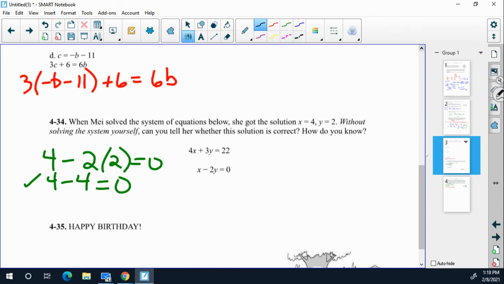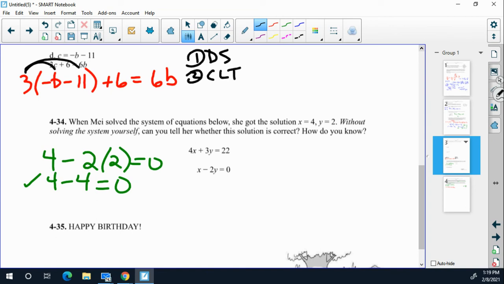Okay, so now you have to use the distributive property. You have to multiply that 3 inside. So we've been doing this in pre-algebra. So we're doing the distributive property first, and then we combine like terms.